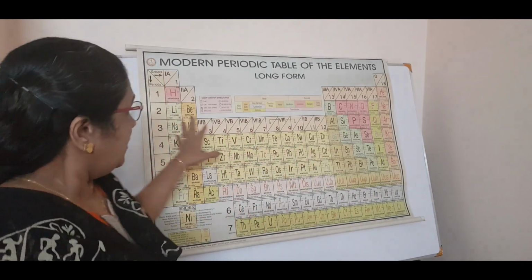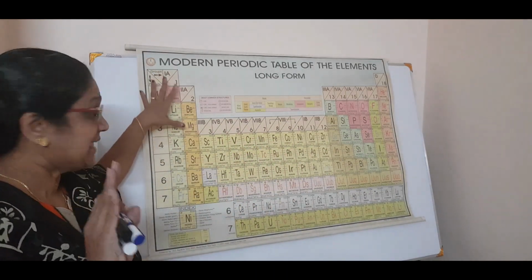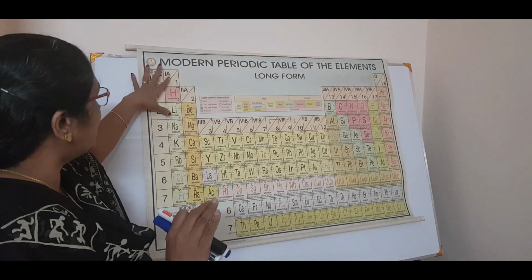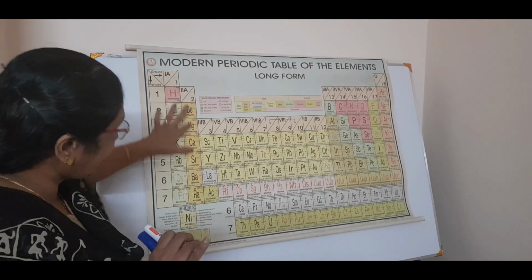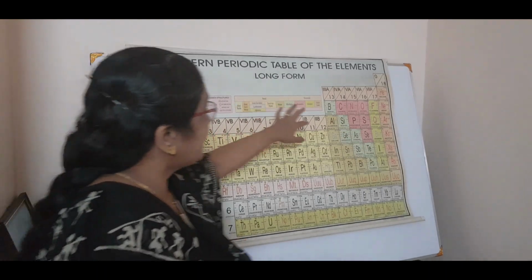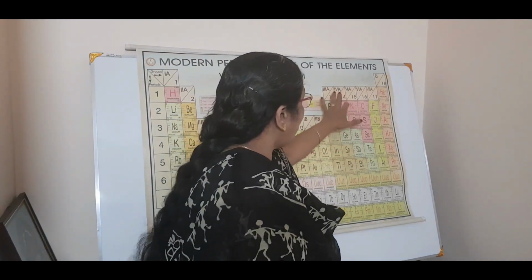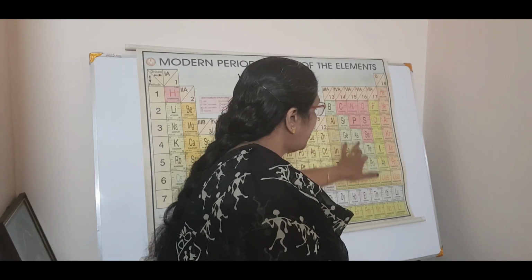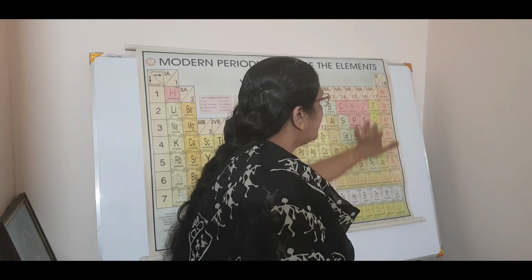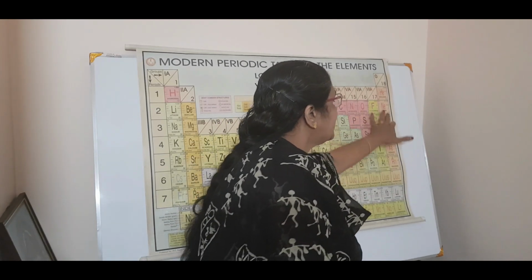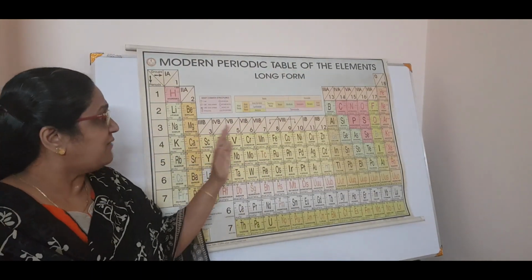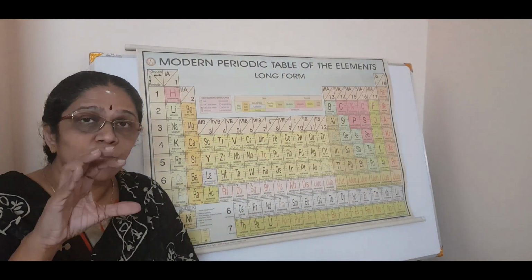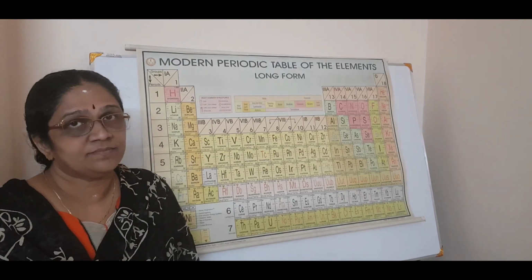Now, for the 10th standard, you have to study only the first group, then the second group, then the 13th, 14th, 15th, 16th, 17th, and 18th groups. So you have to study one group in one day.